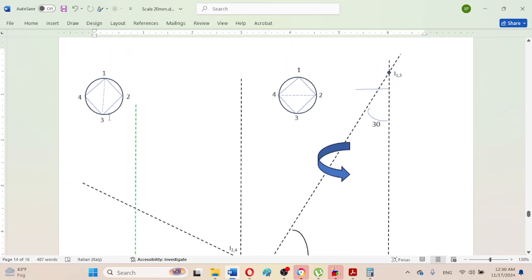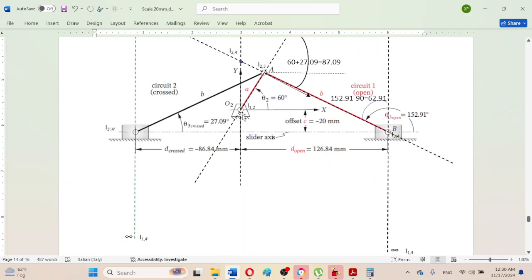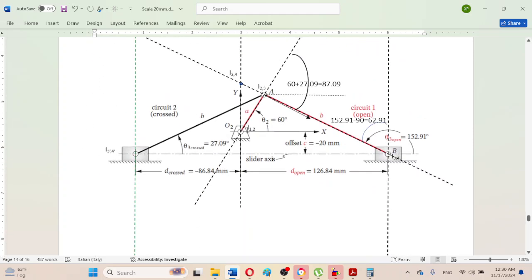As we can observe here, this is I1, 2 and this is I2, 3.